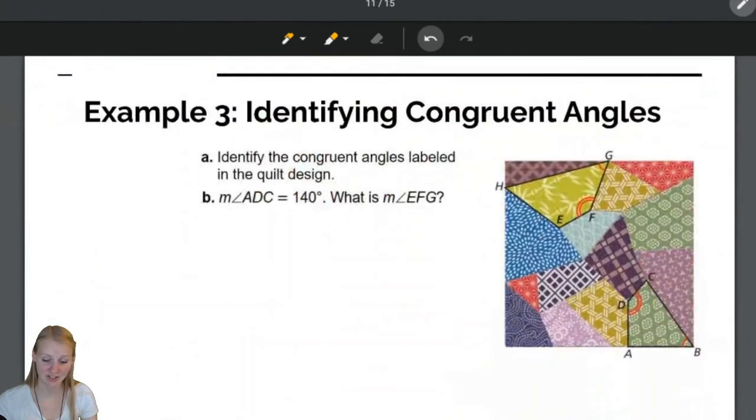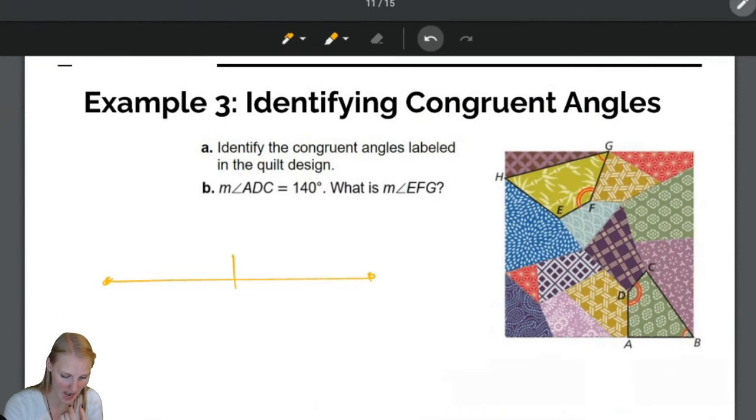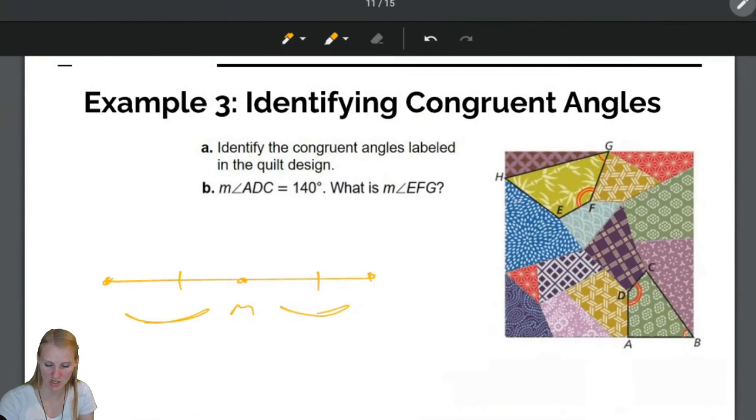Okay, so our last example for today has to do with identifying congruent angles. So, remember when we had a segment and it was cut in half by a midpoint, and they put those little tick marks there to say the segments were congruent? That's what those tick marks meant.